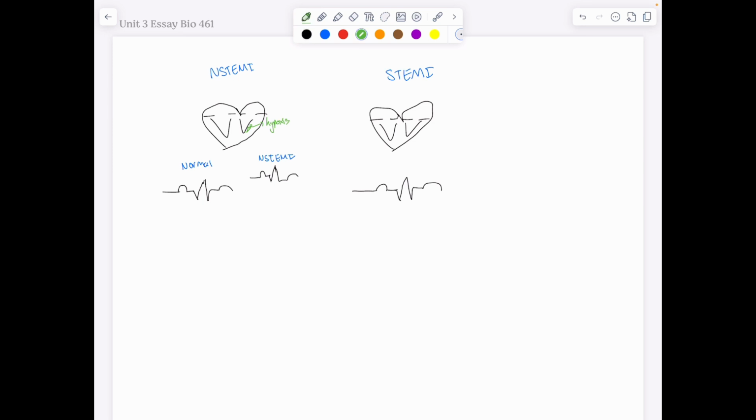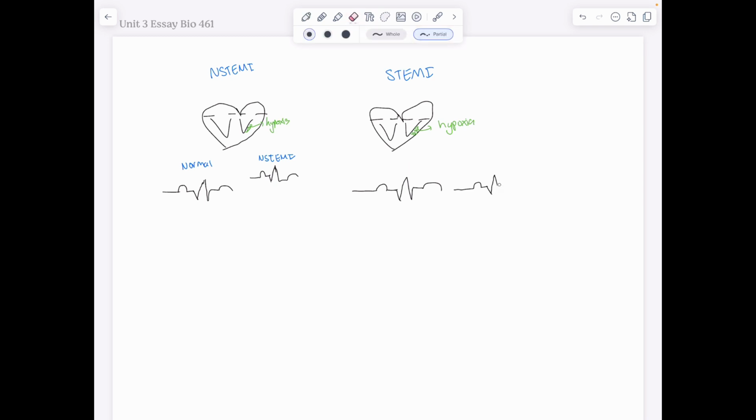And then for STEMI, it's a worse condition than NSTEMI, and that's when we get hypoxic cells that go all the way to the end of the membrane. So we still have hypoxic cells. And now instead of the baseline getting changed, it's still going to be at a normal baseline, and then we're going to have our P, and then our Q, R, S. Sorry, I went too far.